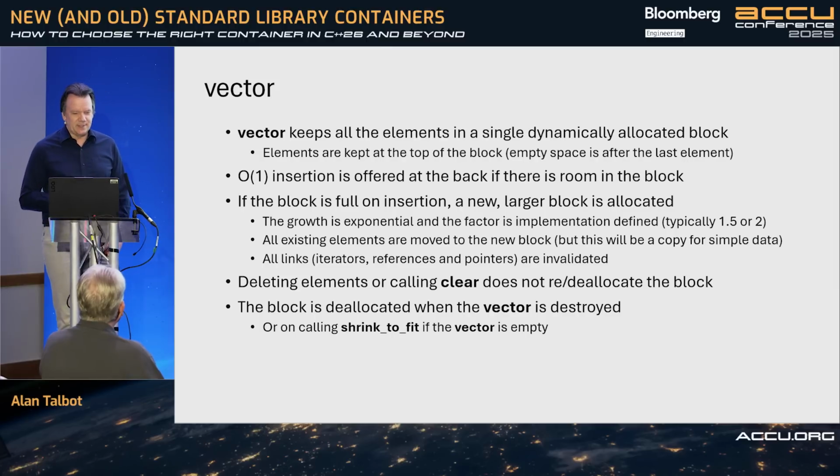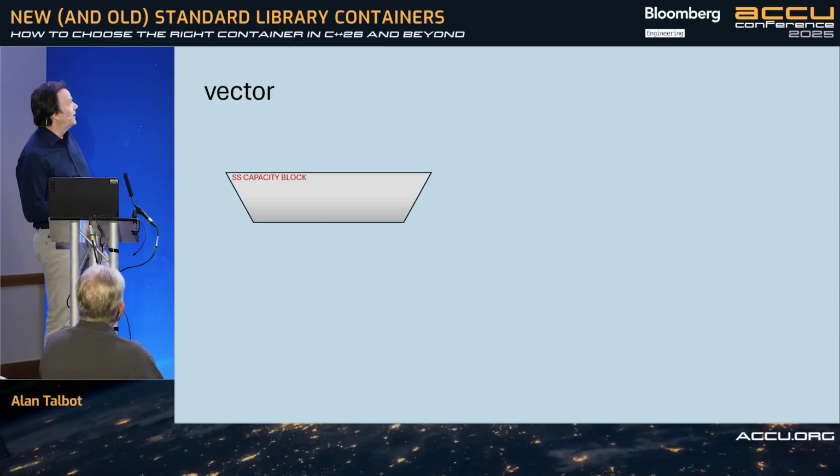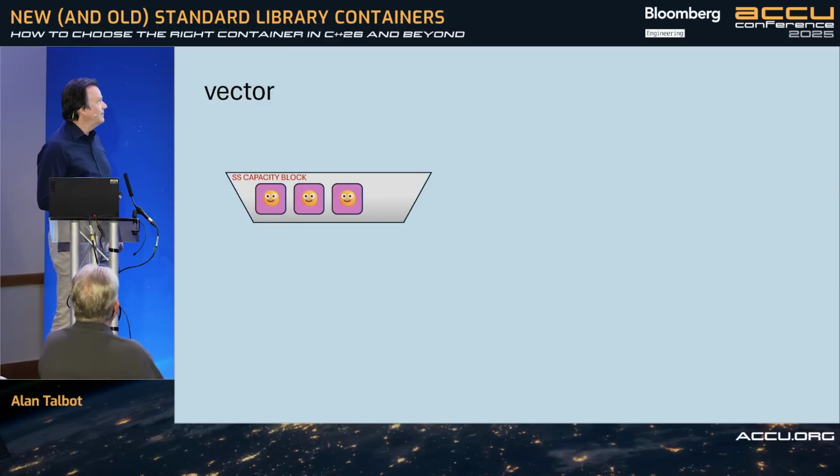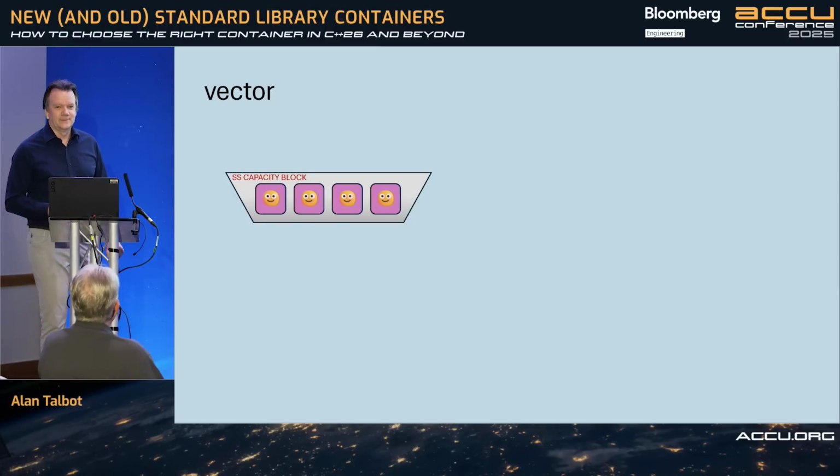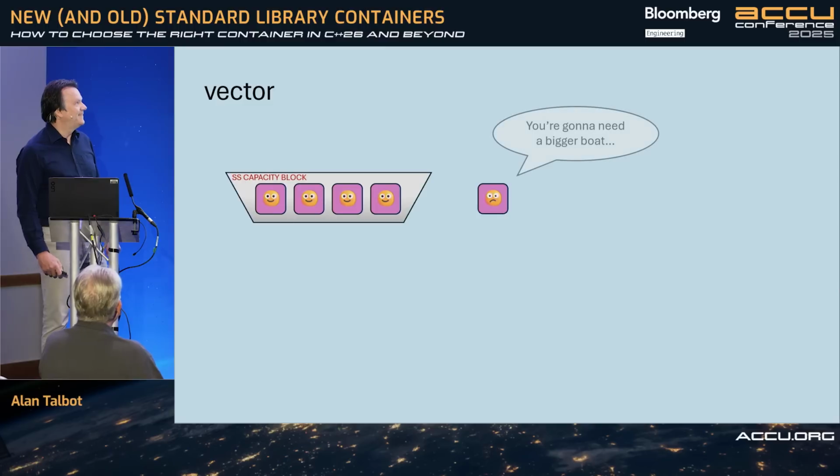So to visualize this, I like to think of it as a lifeboat. And our elements are swimming along, hoping to get in the lifeboat. And they all want to go to the front. So the elements come along. Okay, what happens now? Uh-oh.